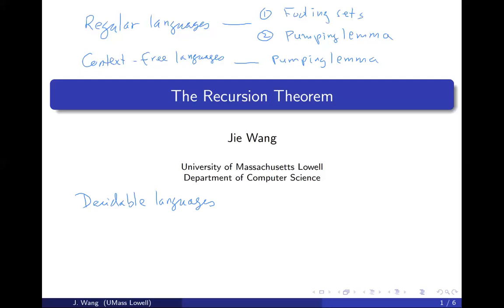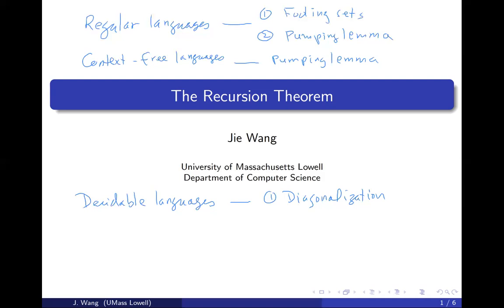So how do we show that a language is not decidable? We can use diagonalization. That is a direct construction of an object based on an enumeration of all Turing machines under a fixed encoding.